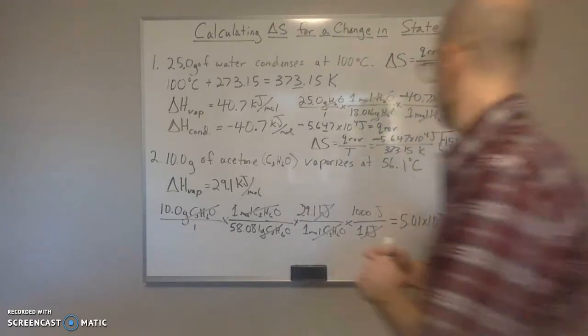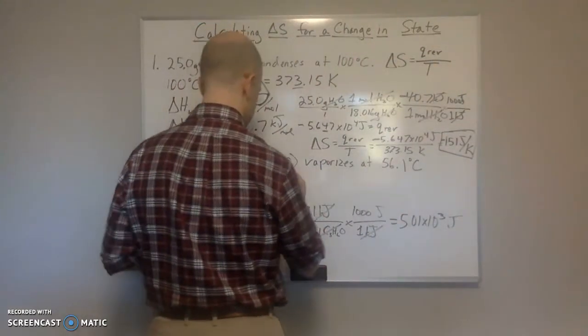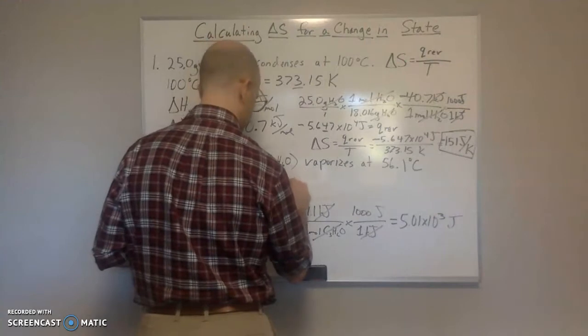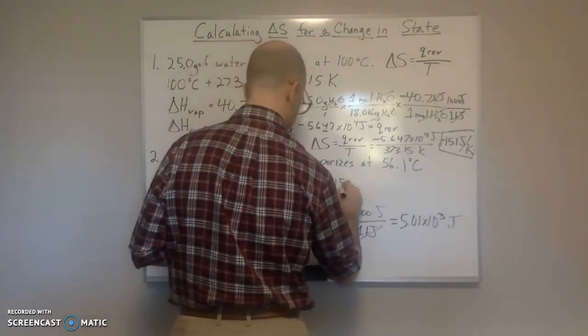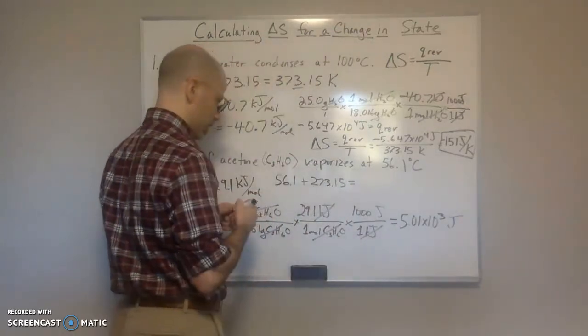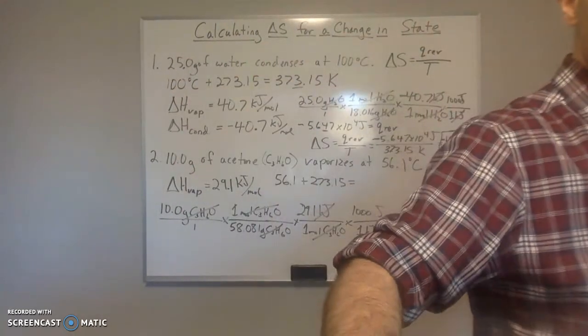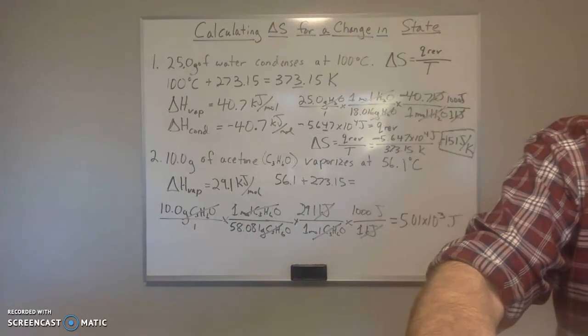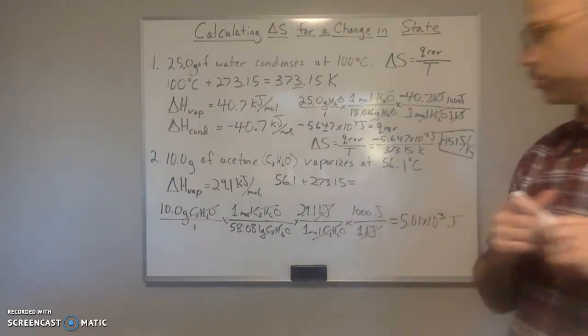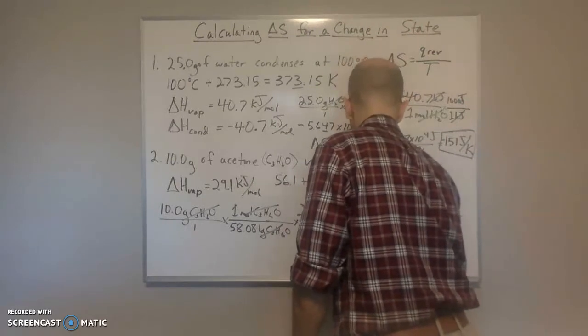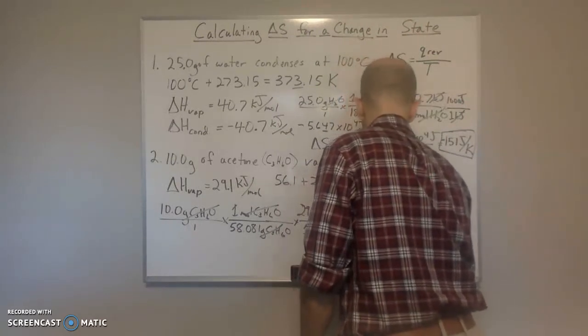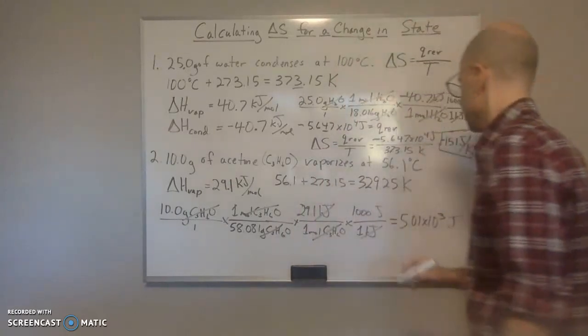And so we need to convert the temperature to Kelvin. 56.1 plus 273.15 is going to give us 329.25 Kelvin.